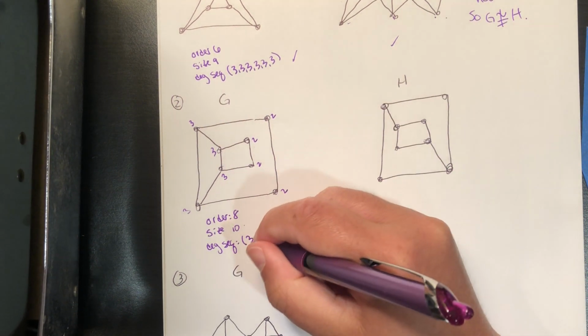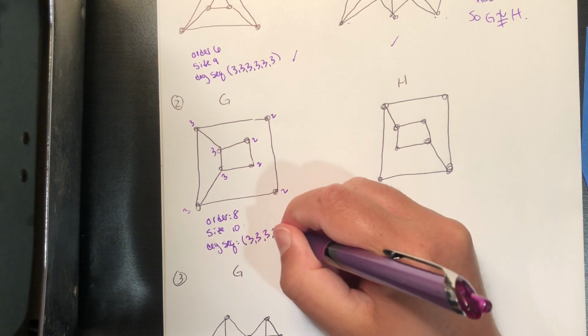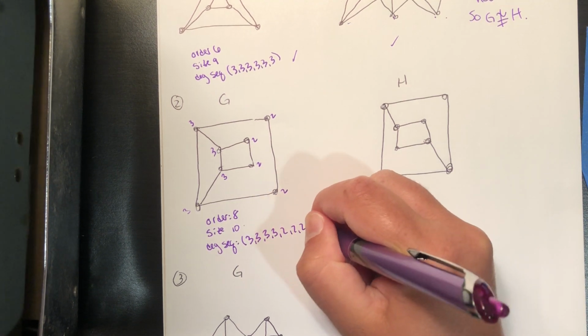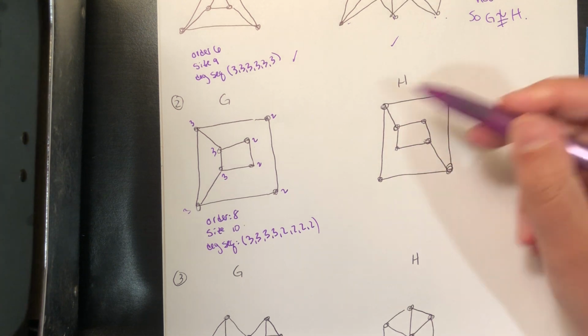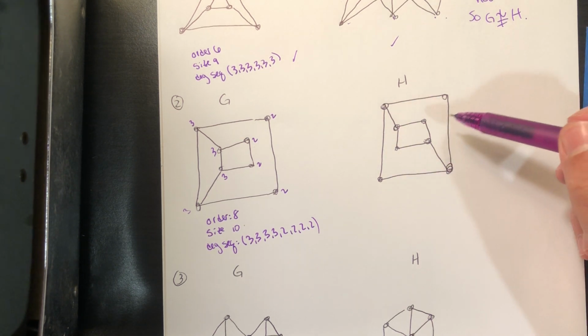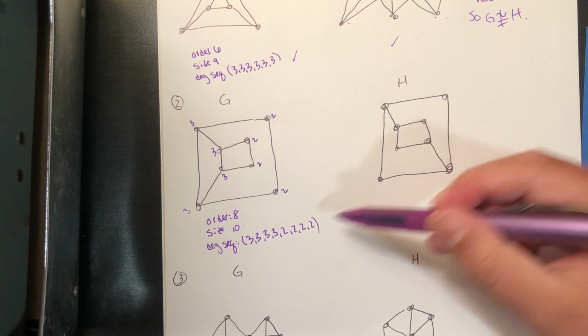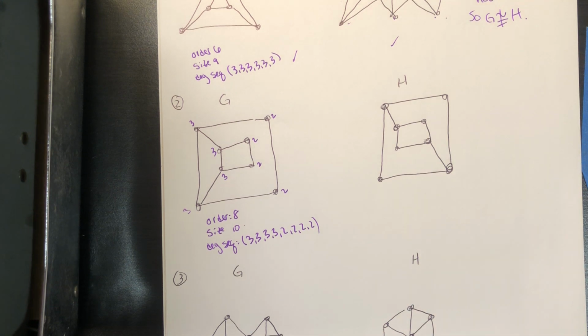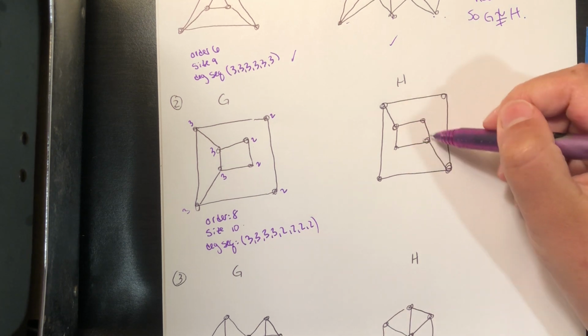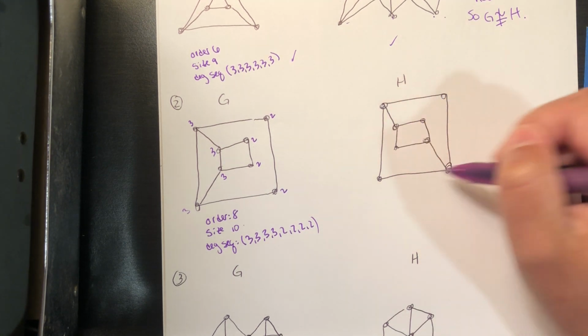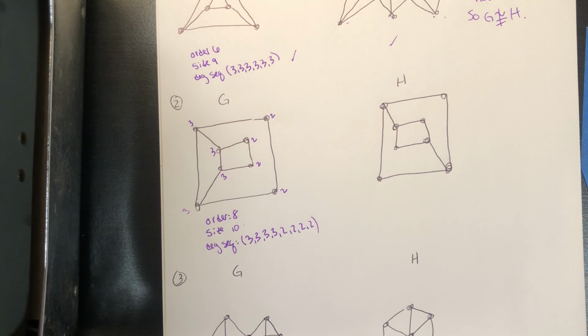So the degree sequence would be 3, 3, 3, 3, 2, 2, 2, 2. And you can go through here and try the same thing. You're going to find it has the exact same order, the exact same size, and the exact same degree sequence. This one's starting to look like maybe it could be isomorphic. They both have this 4 cycle here. They have a 4 cycle on the outside.